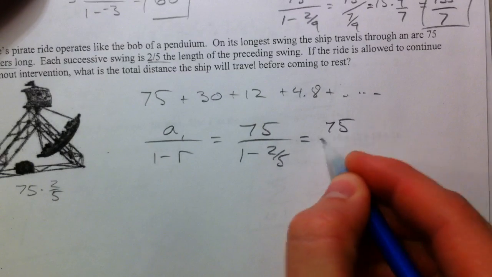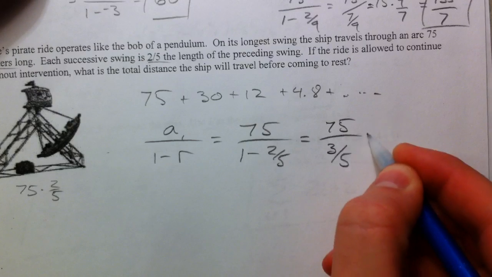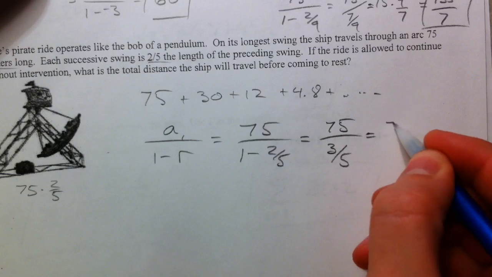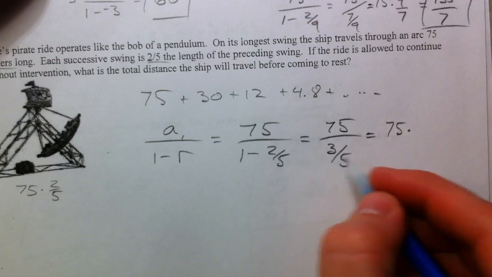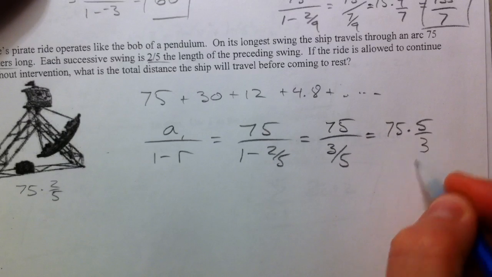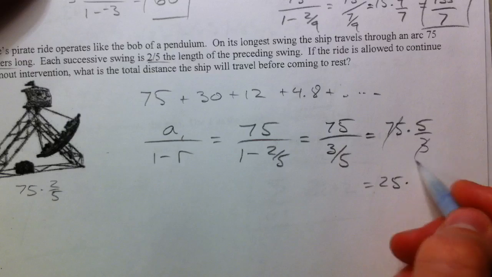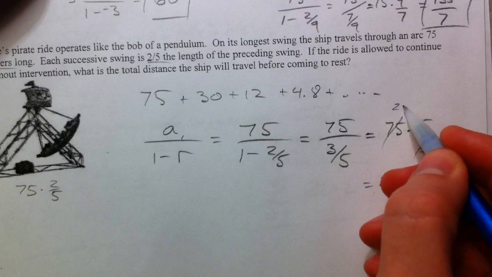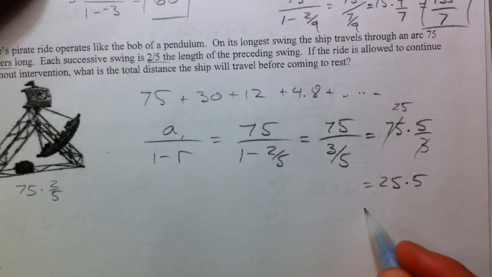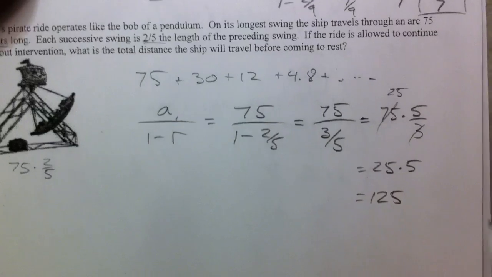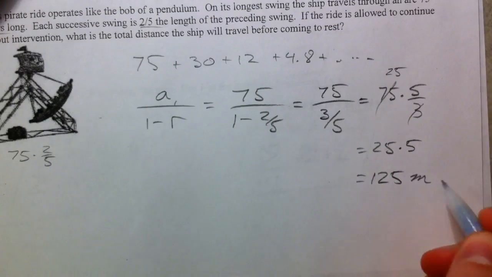So 75 over 3/5, 75 times 5/3. 75 over 3 cancels out to 25 times 5, which is 125 meters.